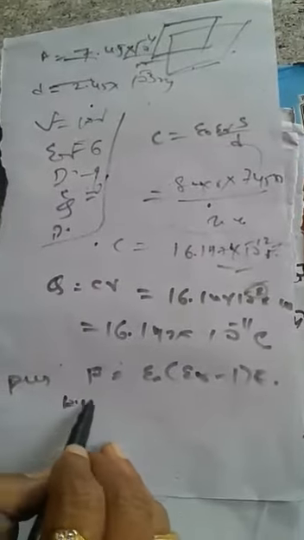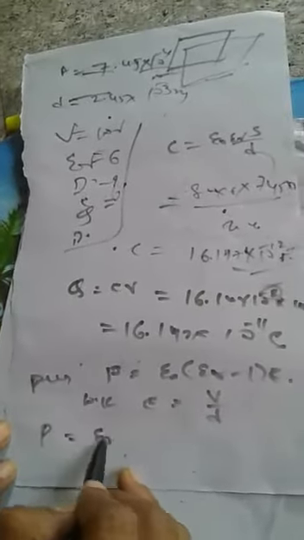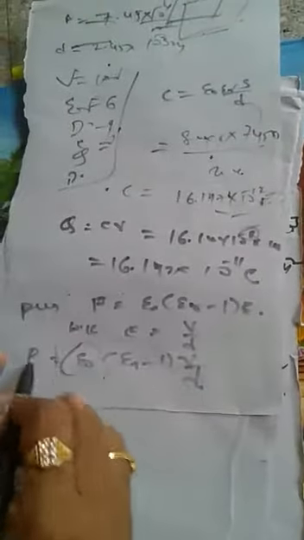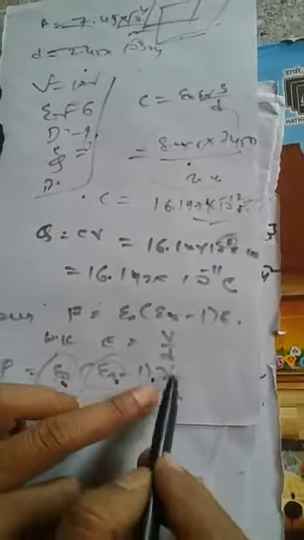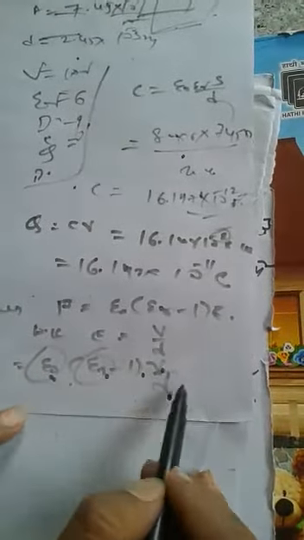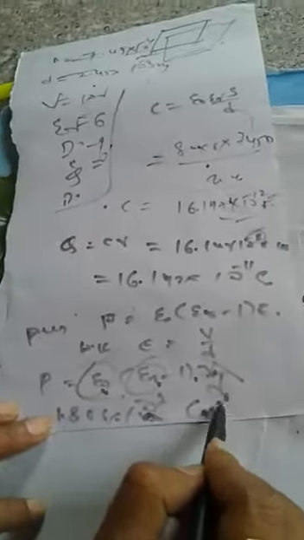We know that E is equal to V by D, therefore P is equal to epsilon naught into epsilon r minus 1 into V divided by D. Substituting values, epsilon naught is 8.85, epsilon r is 6, minus 1, V is 10, D is 2.45. Substituting all values, you will get 1.806 into 10 to the power of minus 7 coulombs per meter square.